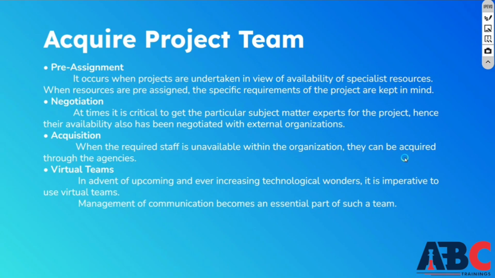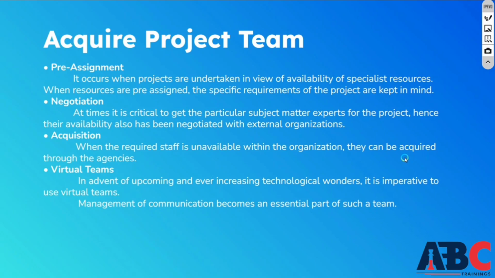Next is acquisition. Acquisition means you have to hire staff, or if you don't have staff in your organization, then you hire external agencies or placement companies on a contract basis. The ones you hire on contract basis are acquired.